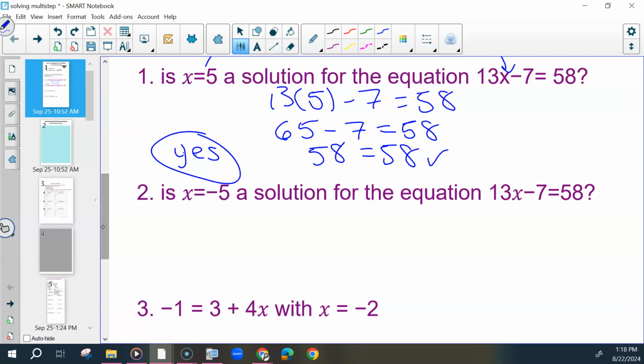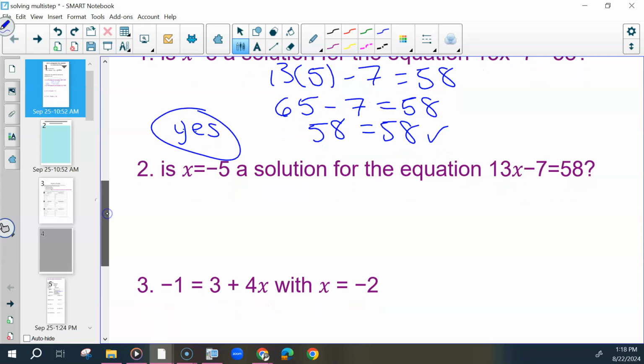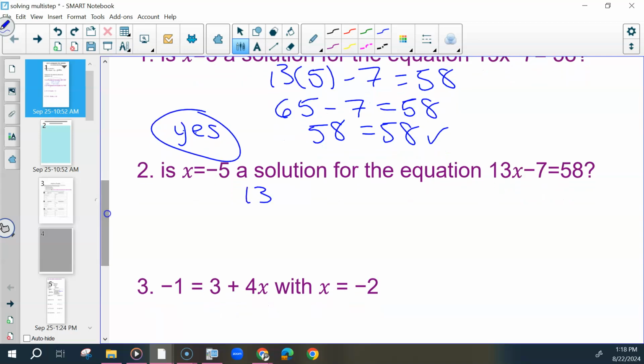Okay, so we tried 5, we know that one works, so -5 should not work, obviously, but we're gonna try it anyway. We're going to do the same thing, but instead of 5, put -5. Which would give us a -65 instead of a positive.